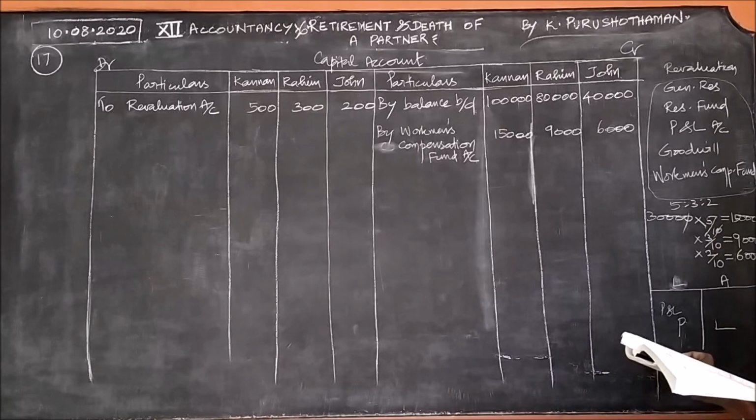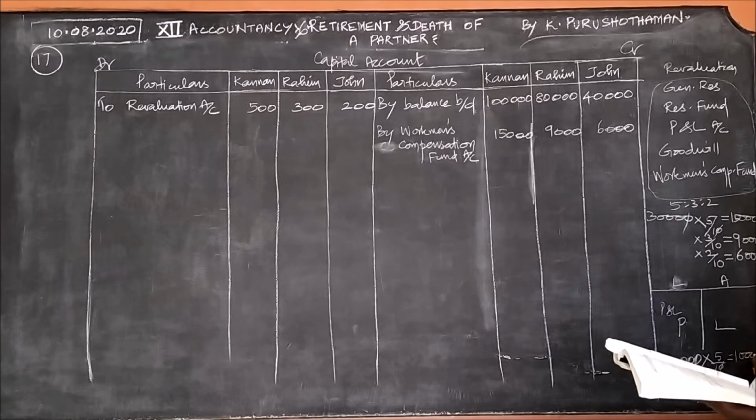What is the amount of the profit and loss account? That is the amount of loss, 20,000. 20,000 into 5 by 10, 3 by 10, 2 by 10. 5 into 2,000, 10,000. 3 into 2,000, 6,000.